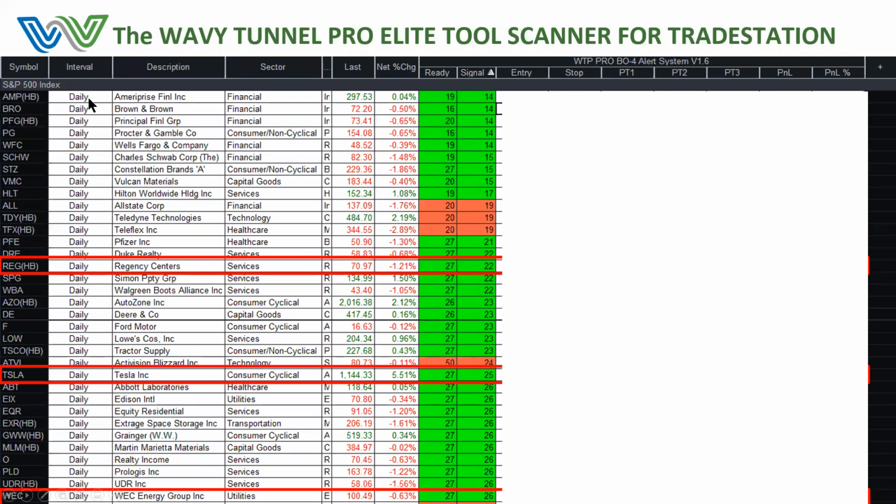So this is how I've set it up with the symbol, the interval, the description, so that's the name of the company, and the sector. I have the industry here as well, but I took it off. I look at the sectors and then I look at the ETFs to see how the sectors are performing. So I don't take every trade that comes up on the scanner.